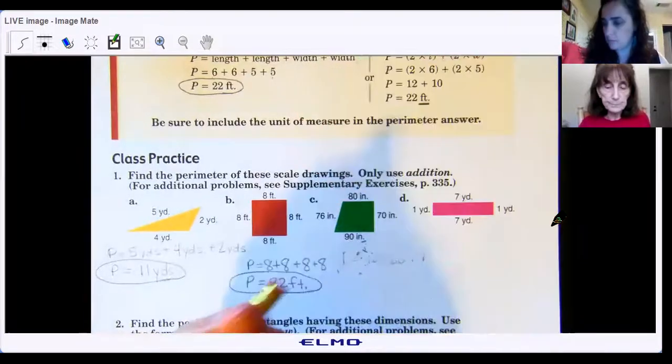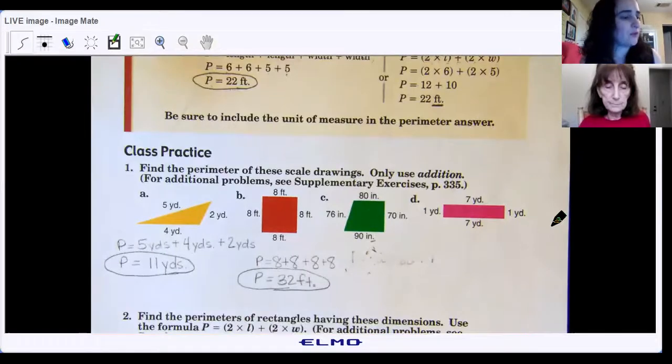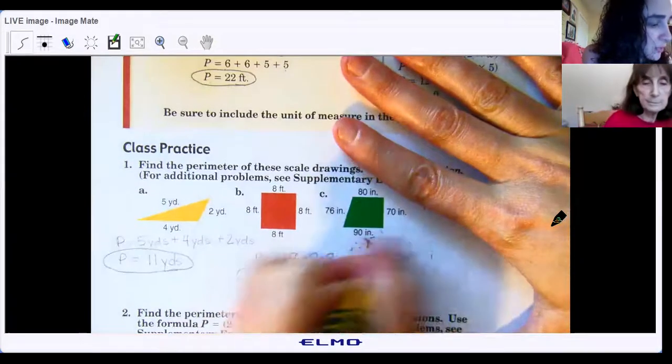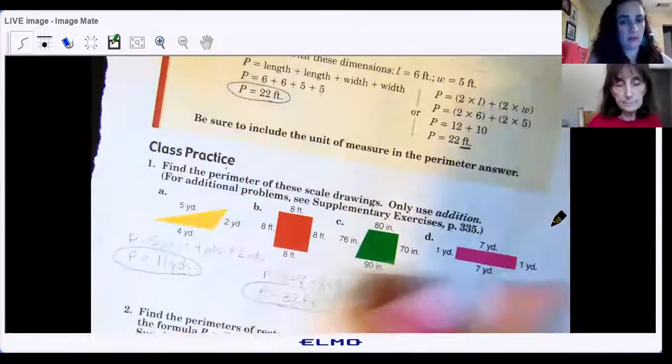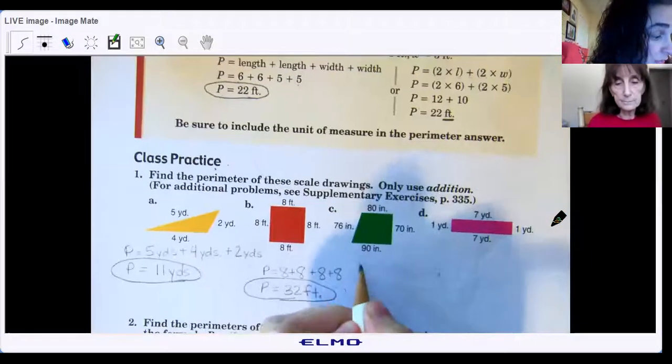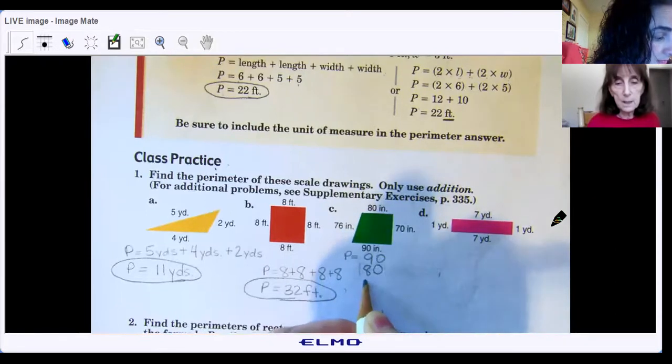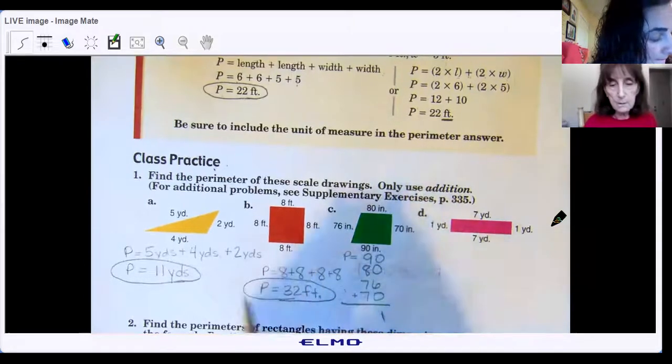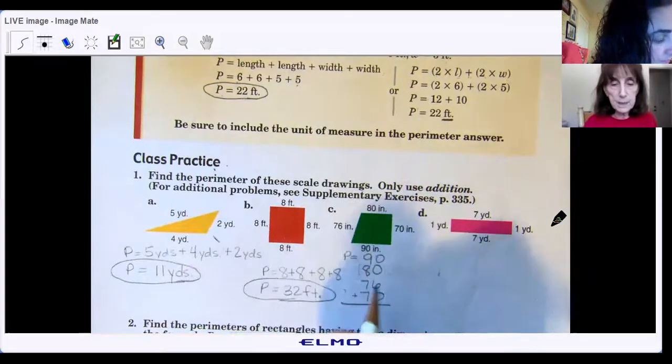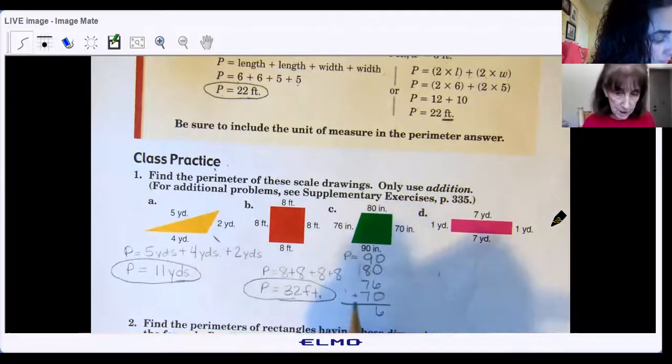If you've got 2-digit numbers and you're more comfortable adding vertically, do that. I'm more comfortable adding vertically, so 90 and 80 and 76 and 70. And that equals 316 inches.